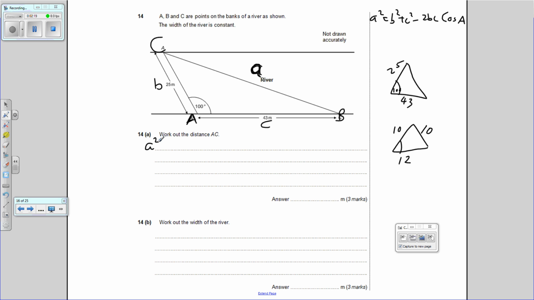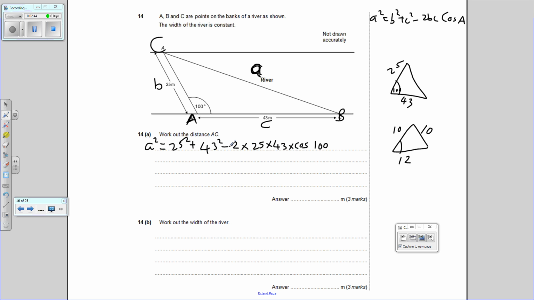So a squared, which is what we're trying to find, equals b squared, 25 squared, plus c squared, it's 43. Take away, and then I imagine it in big brackets, but you don't need the brackets because BODMAS means they'll just times them all together. 2 times b times c times cos big A, which is 100.